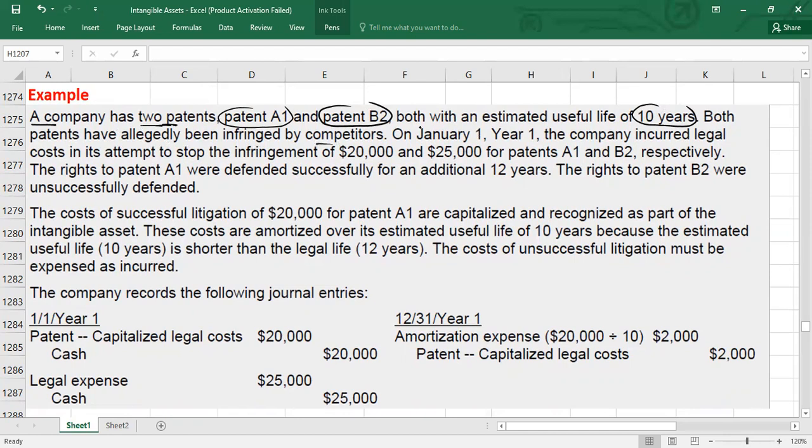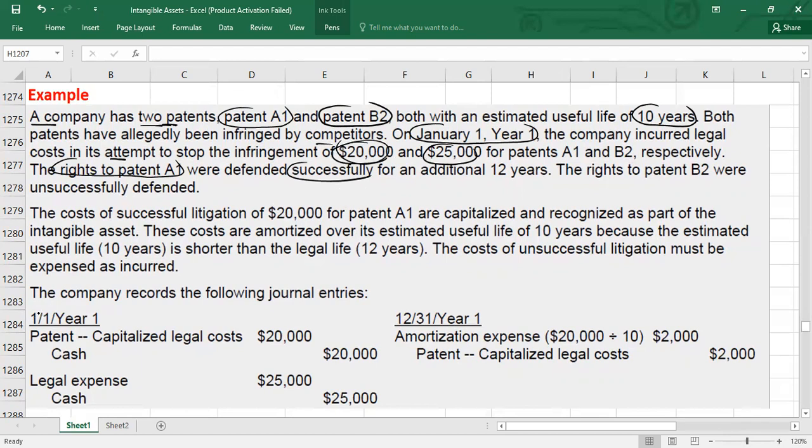On January 1, the company incurred legal costs in an attempt to stop the infringement of $20,000 and $25,000 for A1 and B2 respectively. It means you have incurred 20,000 for A1 and 25,000 for B2. The rights of patent A1 were defended successfully. So the cost of $20,000 should be capitalized.